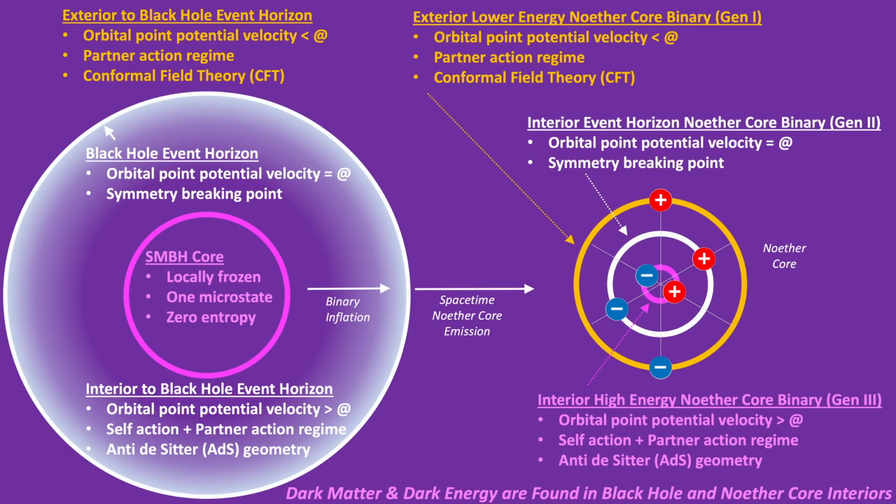Again, confusion. Inside the black hole is the inflationary deflationary region. It's what we call anti-de Sitter space. They think about everything being sucked into a black hole and not much being emitted, just Hawking radiation. But as I explained already, what's coming out of there is very high energy Noether cores. I don't know exactly how they're configured.